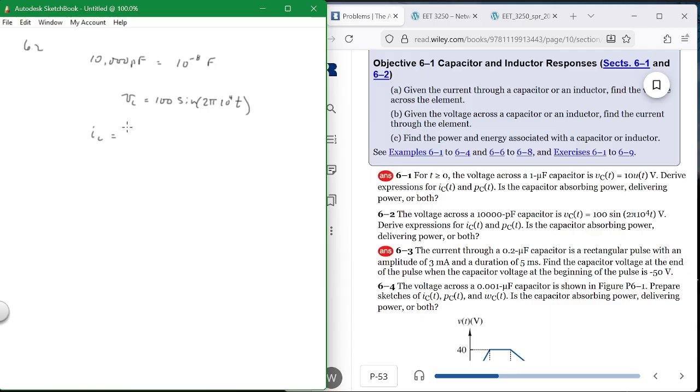I equals C dV over dt. So it is 10 to the minus 8th times the derivative of sine, which is what? Cosine, right? It's 10 to the minus 8th.